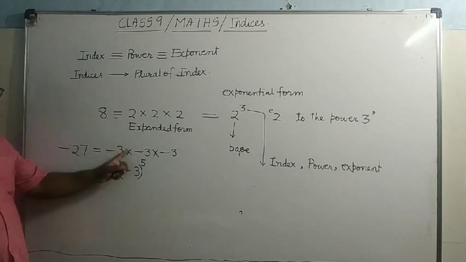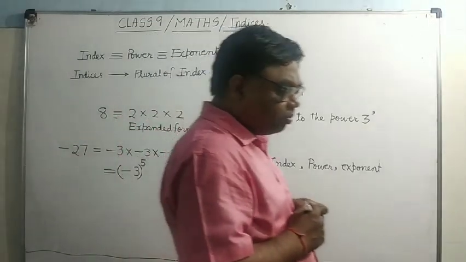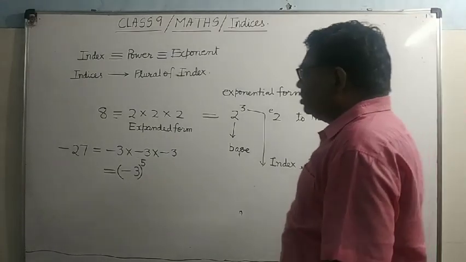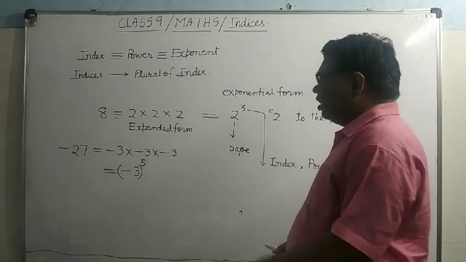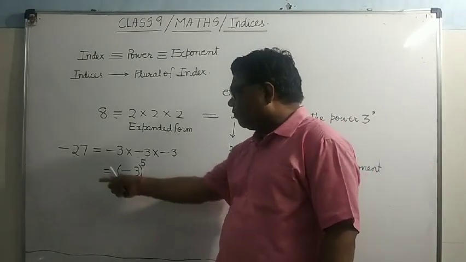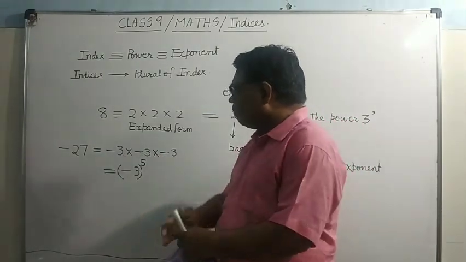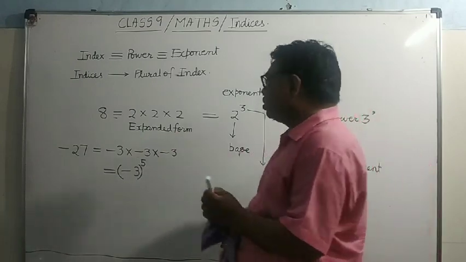Because here the minus sign also comes 3 times. So it will be written minus 3 whole to the power 3. It's clear? What is base here? Base is minus 3. What is power here? Power is 3. It is the exponential form of this number, minus 27. It is the expanded form of minus 3 into minus 3 into minus 3, the expanded form of minus 27.